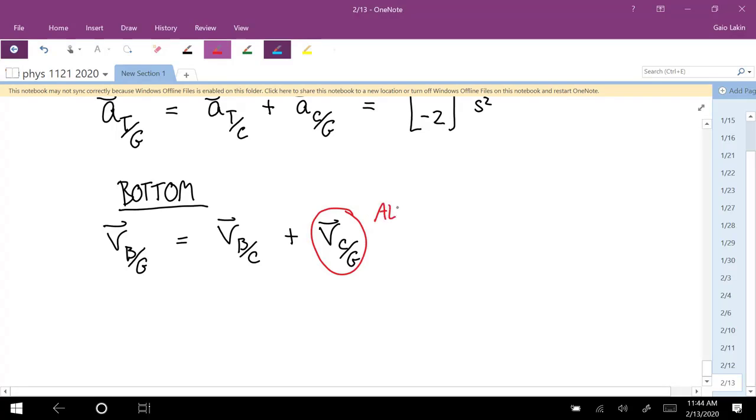We already have this. And this one, the velocity of B, assuming that C is not moving, is circular motion.